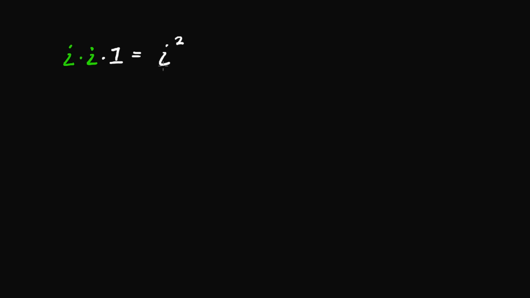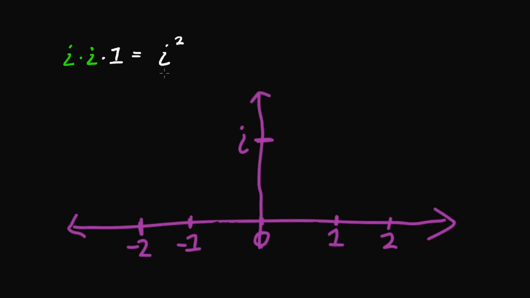Let's go back to see what's happening with our arrows. So I'm going to build a complex plane. And now I'm going to build an arrow over here that represents the number 1. Now let's multiply by the first i, which is going to give us a 90-degree rotation.